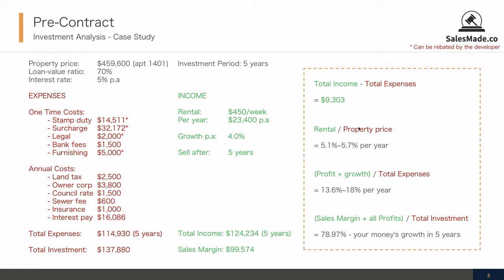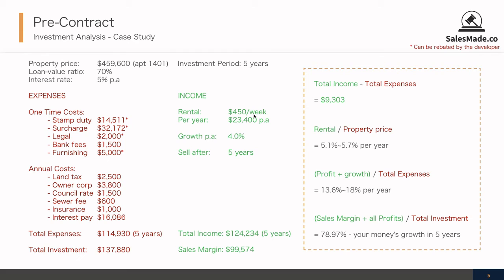The rental divided by the property price is the gross rental return, with rent of 23,400. If you divide that by the original price, it gives you roughly 4.1%, and that would increase by about 3% per year. Sorry, the 4% is actually the capital growth, but the rental yield increases by 3%.